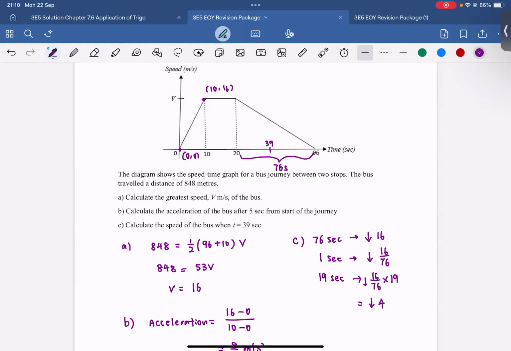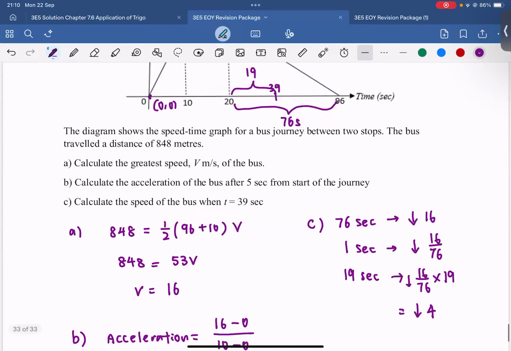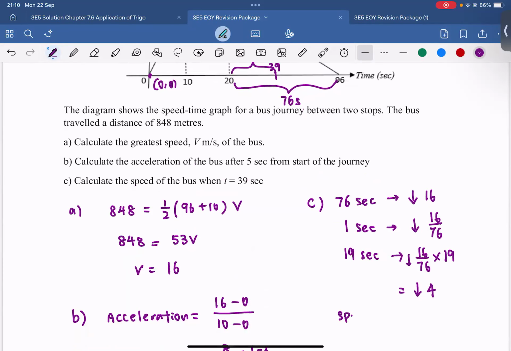So it's 39 seconds, yeah, but 19 seconds have passed. So it dropped by 4 meters per second, right? So what is the final speed? Remember, this part is not the speed.